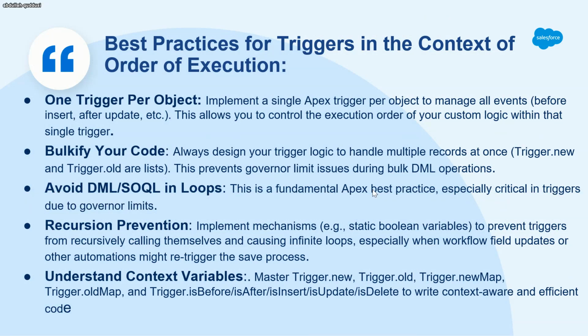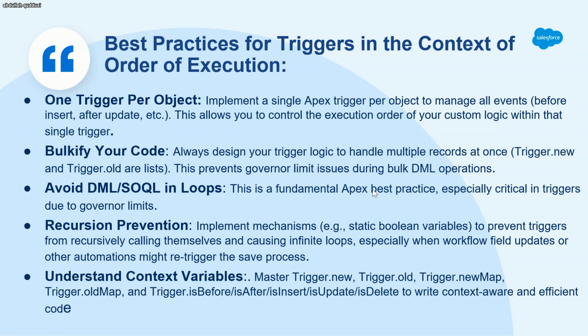The other thing is recursion prevention. If there is an issue of recursion, there are different strategies. We can use Boolean variables to prevent the recursive calls. This is one of the solutions. There are many solutions on the basis of the problem statement which we have.